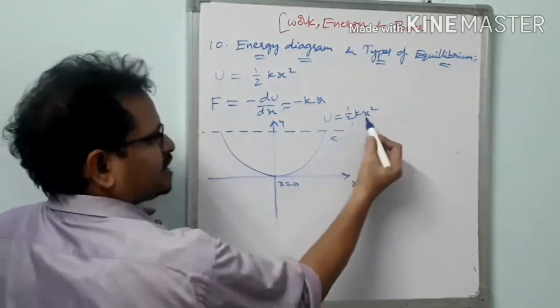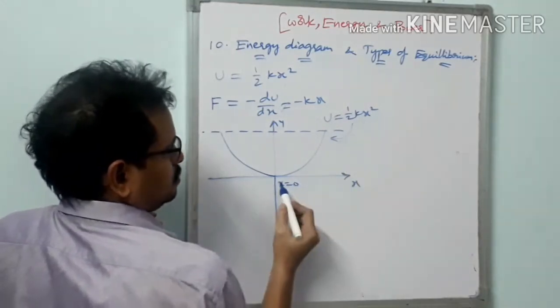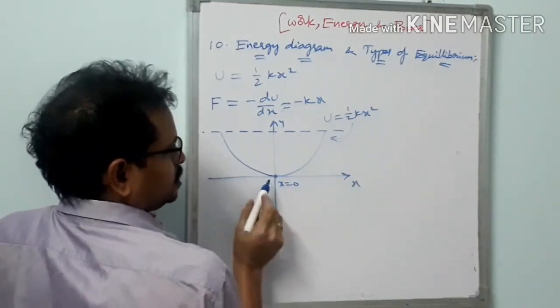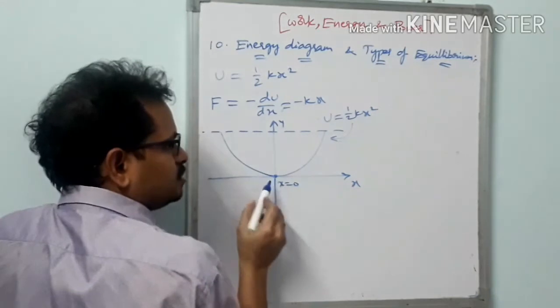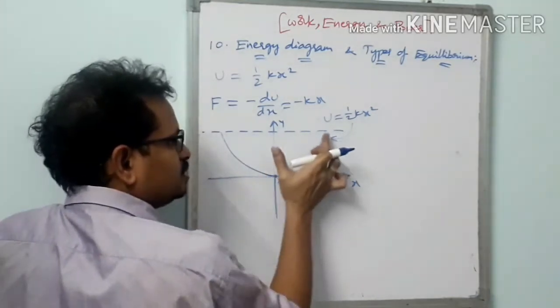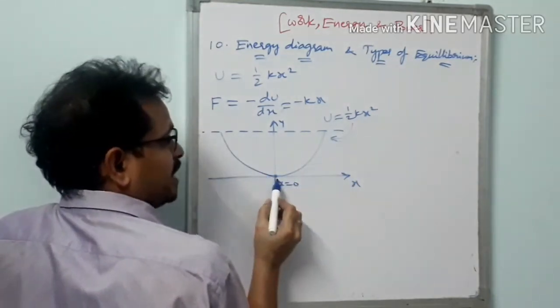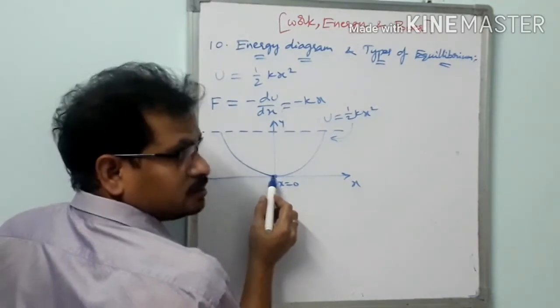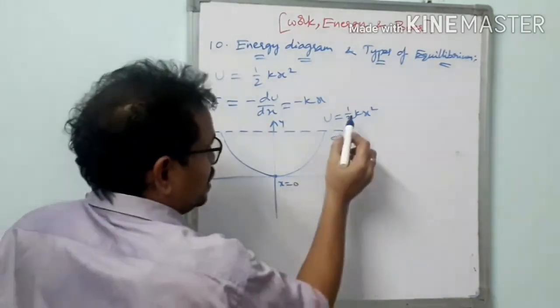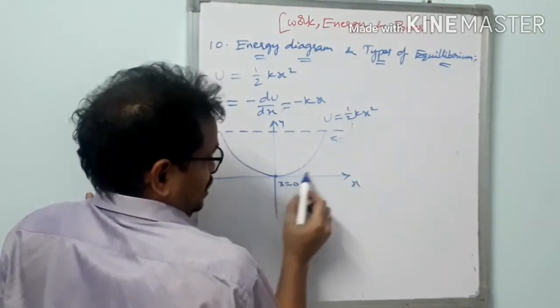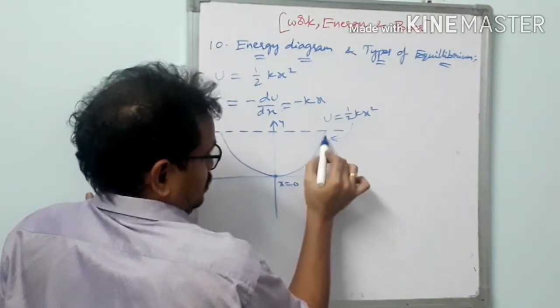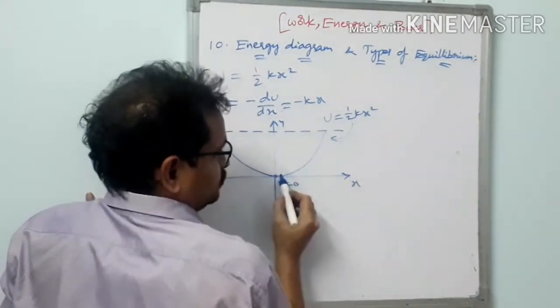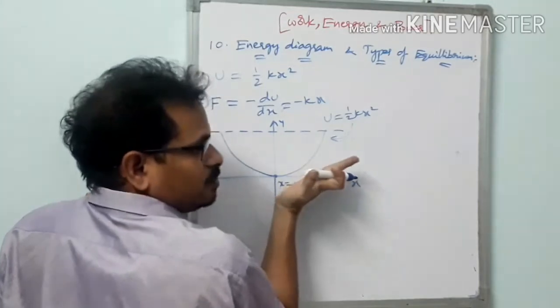See, when x equal to 0, what is the potential energy? Potential energy is taken along the y-axis, so its value varies like this. When x is equal to 0, the potential energy value is 0. When x is greater than 0, what is the slope here? Slope is positive.